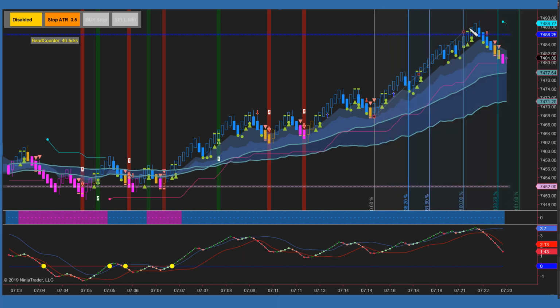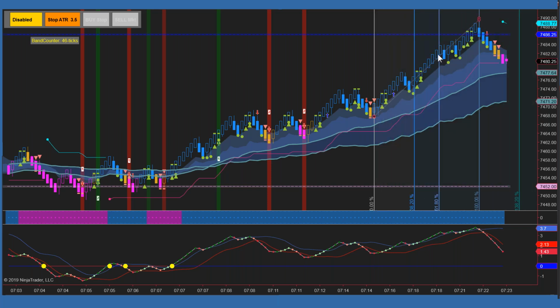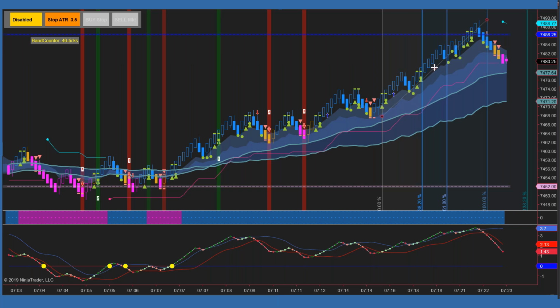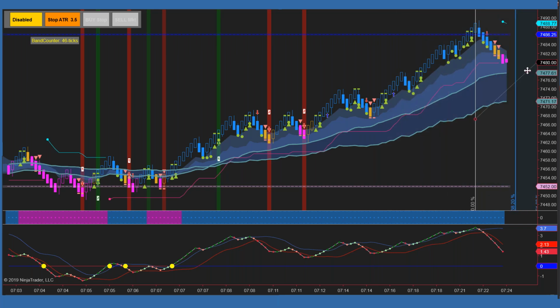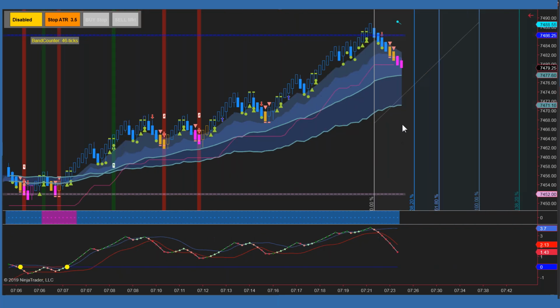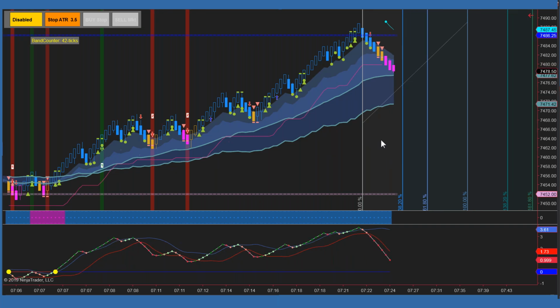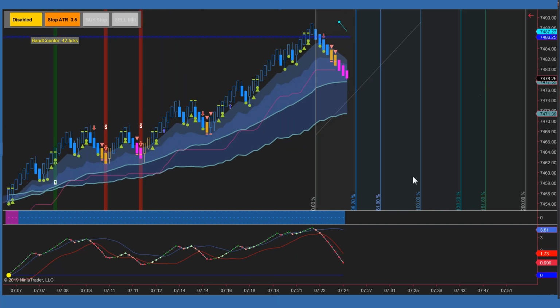So we're going to focus on this move from here to here. Move the lines over. All right, let's see what happens as we approach what should be sensitive time zones here at the 38 and then again at the 62. And of course at the 162 as well.